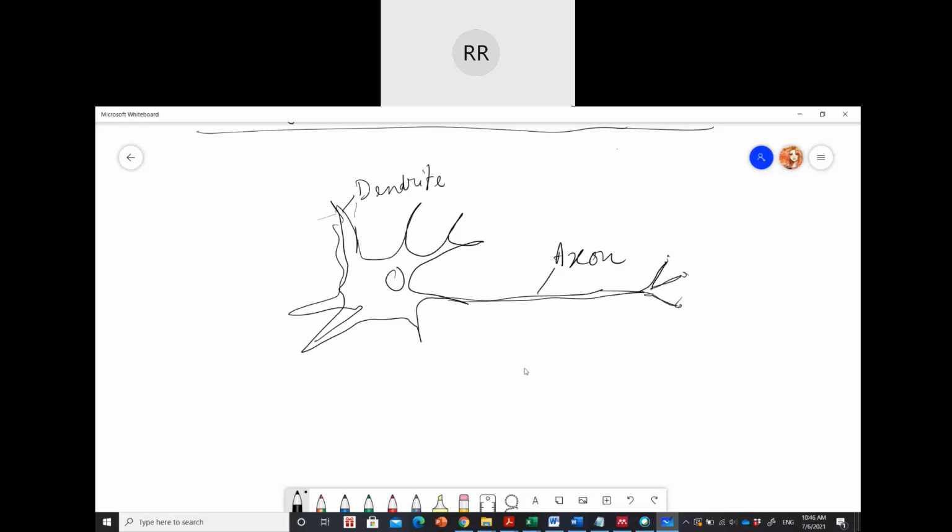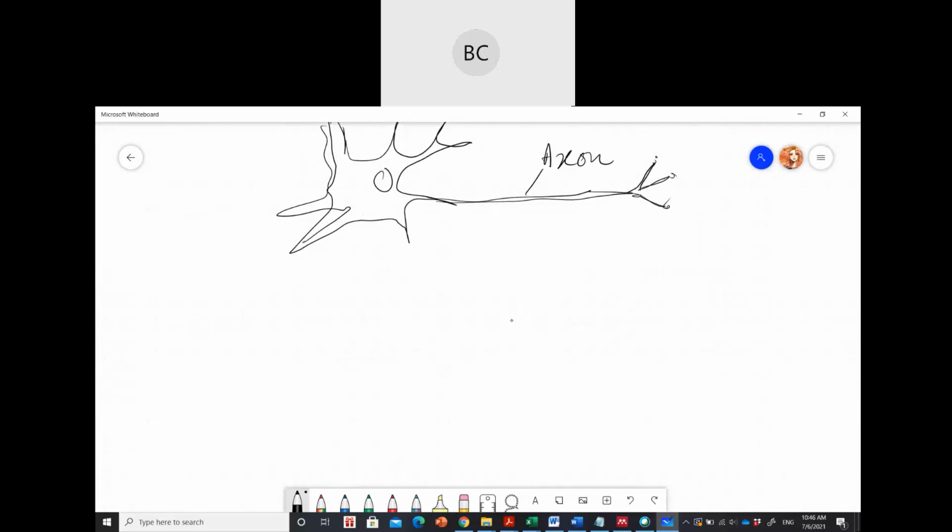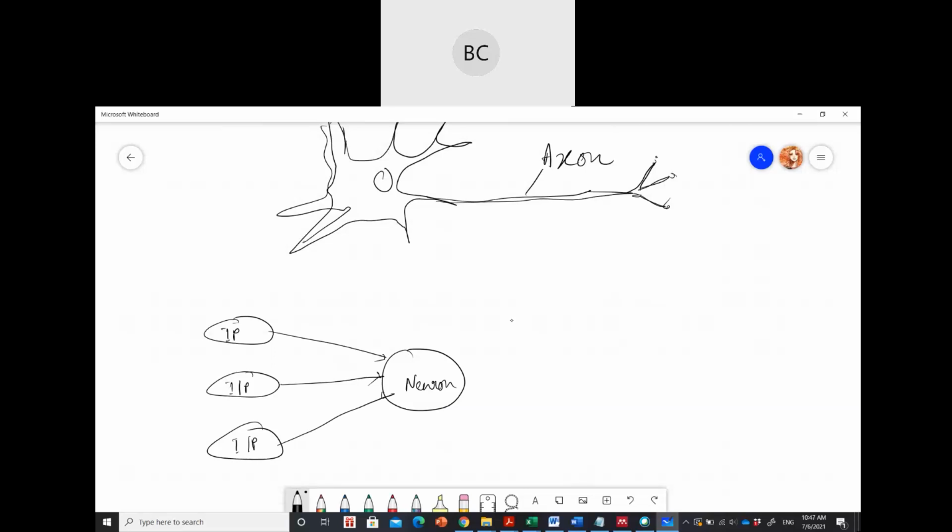Correct. So dendrites bring in all the electric signals and the axon passes that information to the other neuron. Similarly, we have a structure. The first neuron-like element we know is the perceptron. Suppose this is your neuron. There will be some inputs, and some connections to the neuron.